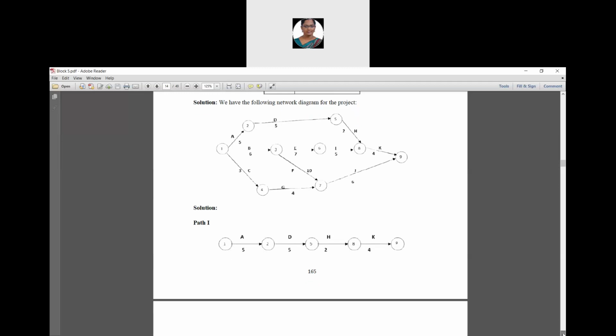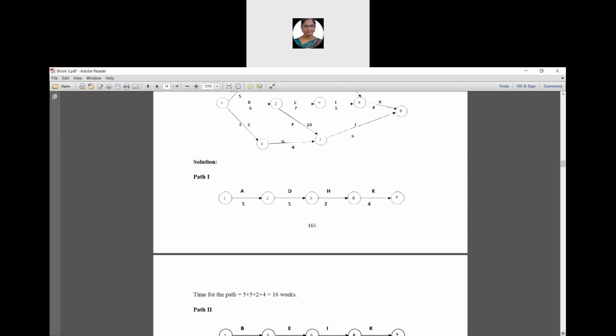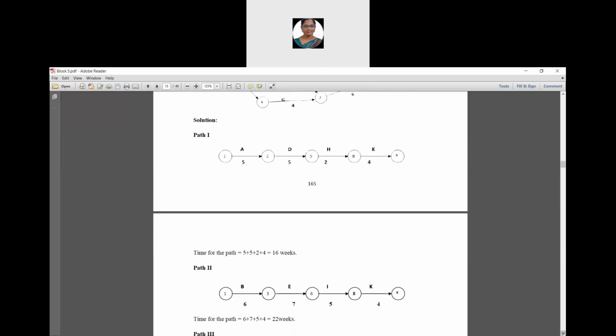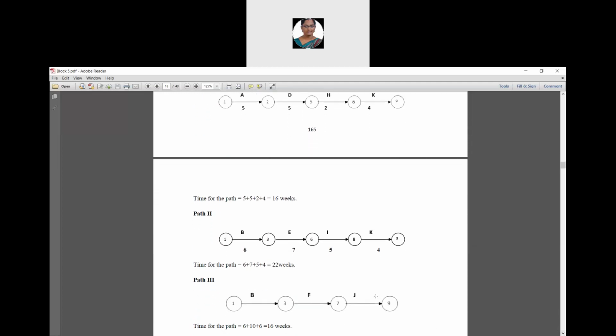So path 1: the time value for path 1 is 5 plus 5 plus 2 plus 4. It is 16 weeks. Then the time duration value for path 2 is 6 plus 7 plus 5 plus 4.